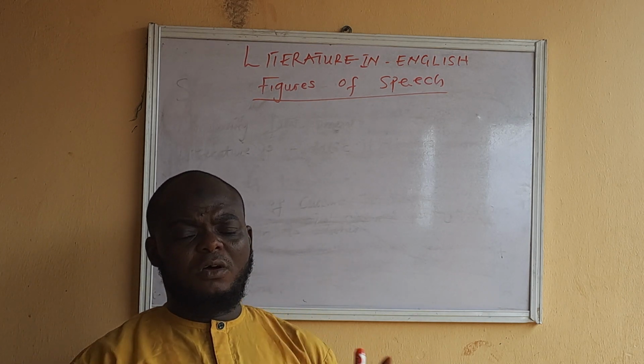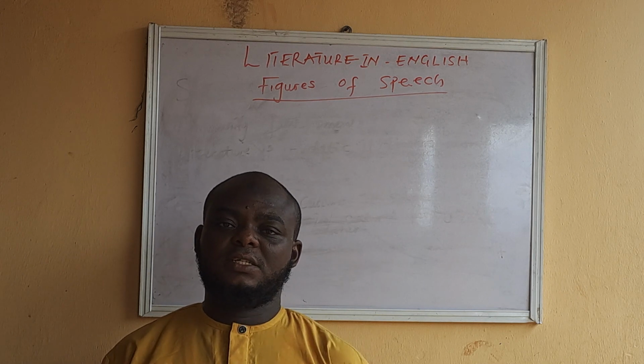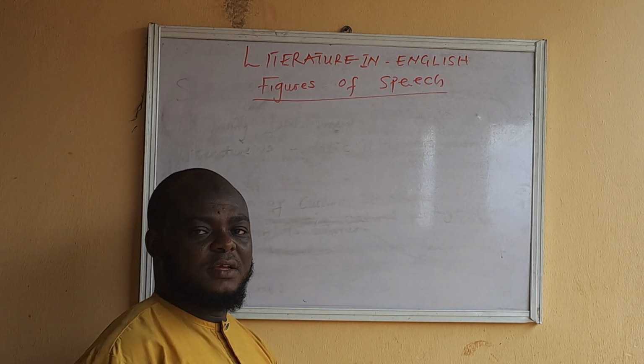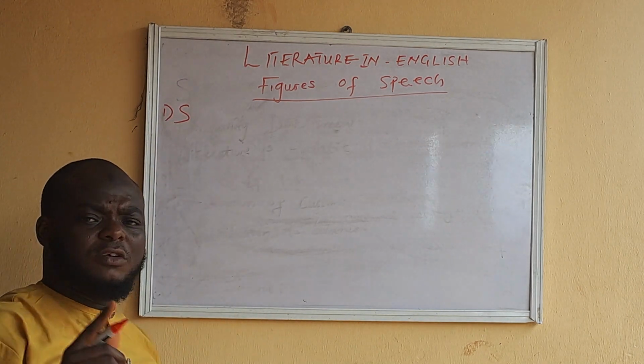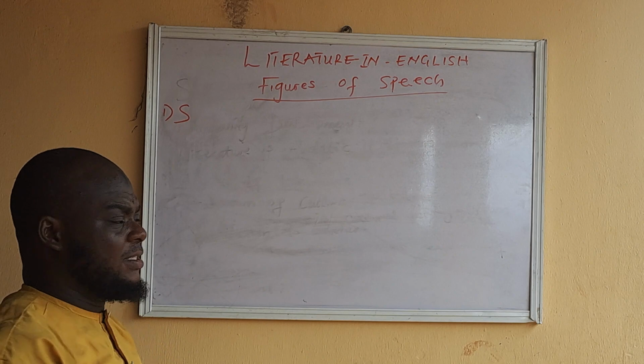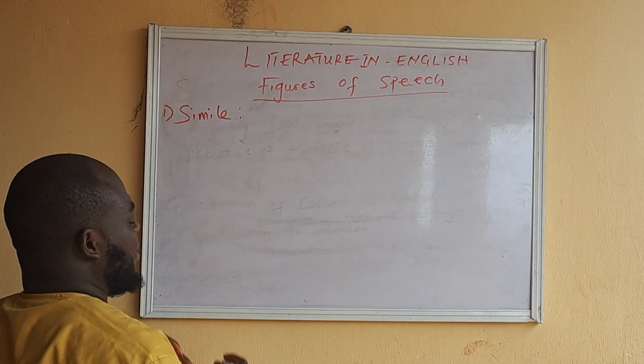And I hope every one of us knows what this is. So let's take it from there and see what simile is. Number one, our first figure of speech we are discussing today is simile. Now, what is simile?